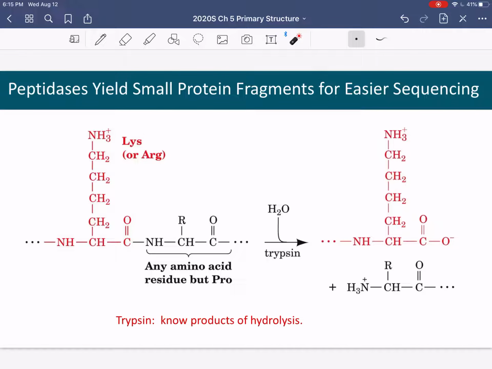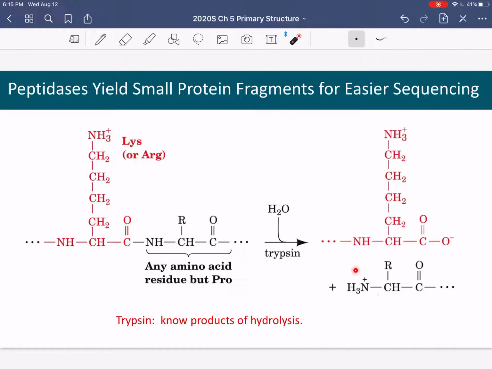This is an example of how trypsin works. Here's water. This is a hydrolysis reaction, so it's going to consume a water. And the water is added across the bond, this bond right here, the carbonyl side of the lysine or arginine side chain. This one is the lysine, and the amide bond after that is what's cleaved.